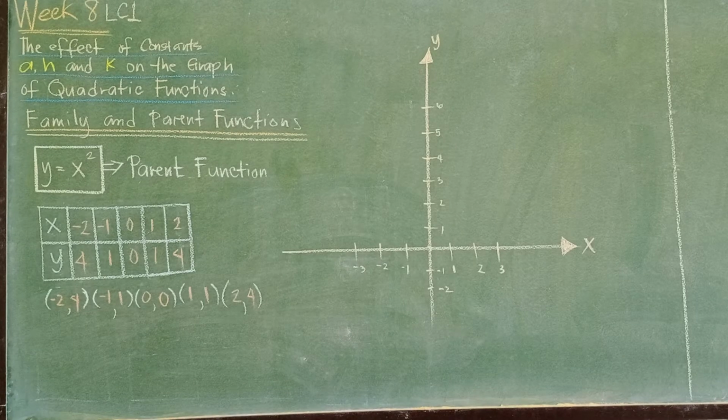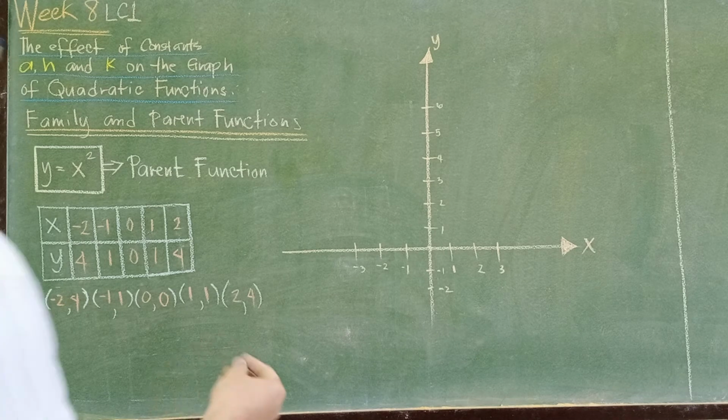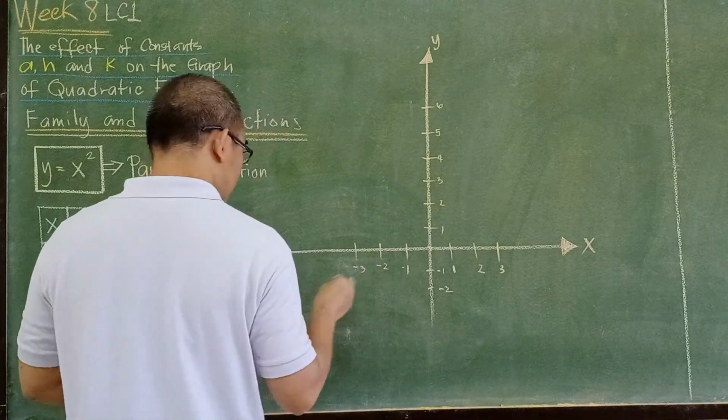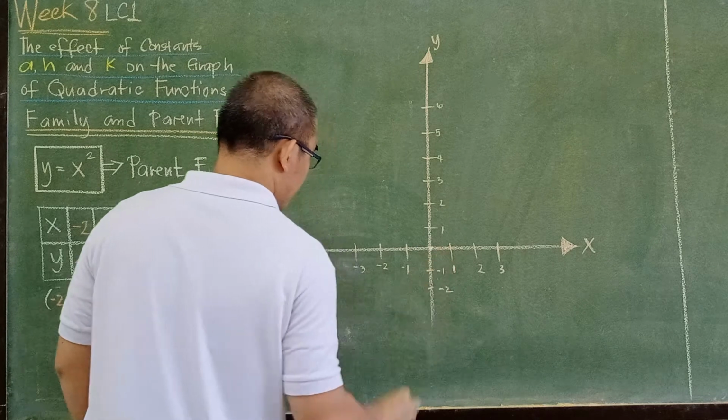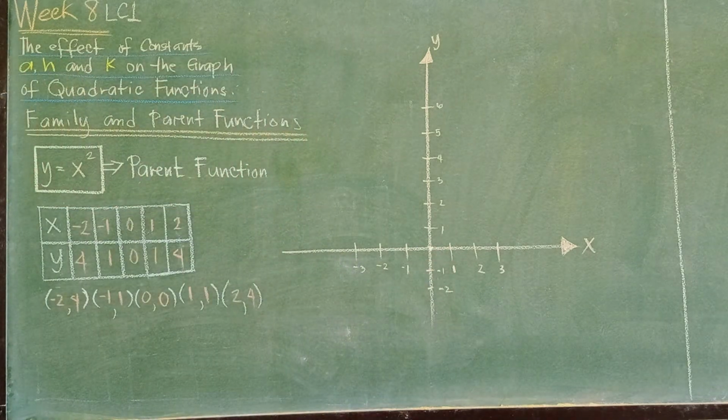So now, dito sa may Cartesian plane natin, ipa-plot na natin yung negative 2, 4, negative 1, 1, 0, 0, 1, 1, and 2, 4. So let's start with yung vertex, yung 0, 0. Makikita mo dun sa may origin natin, sa may Cartesian plane. So saan yung 0 ng x? Zero sa may 0 ng x-axis nandun sa gitna.